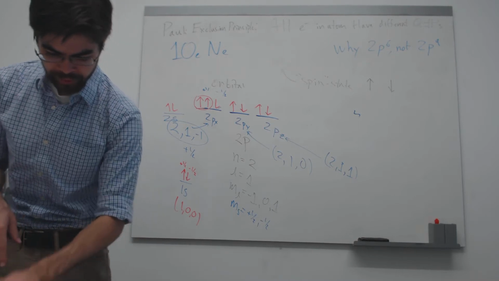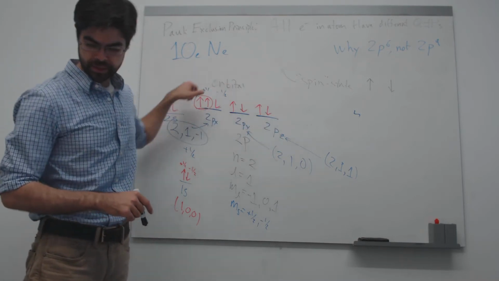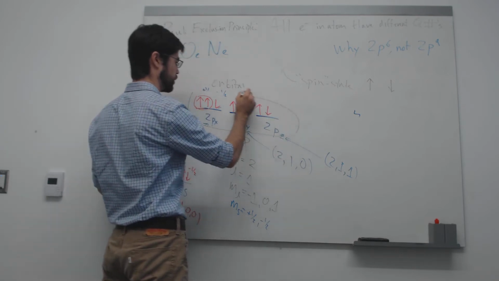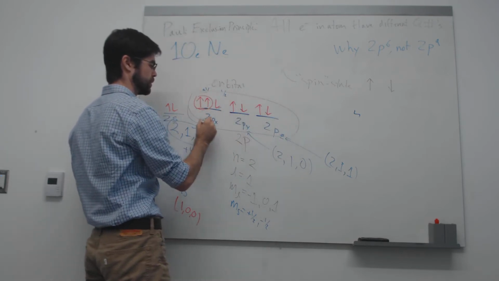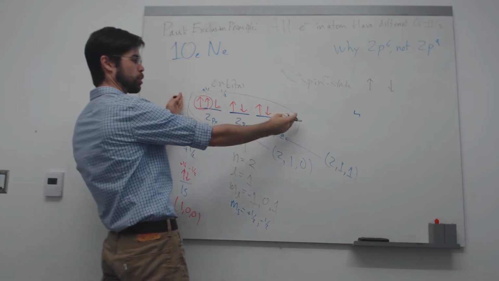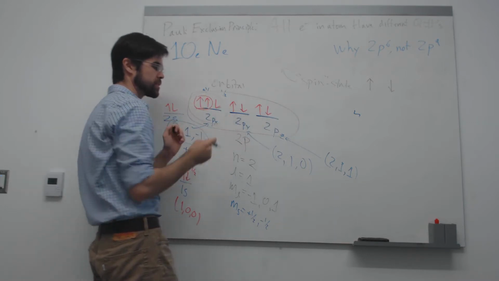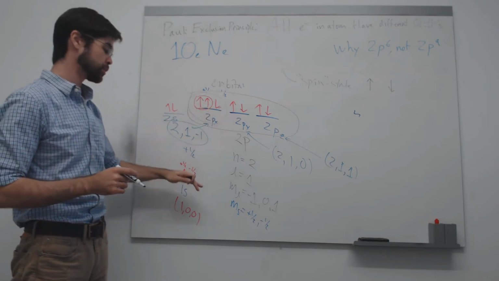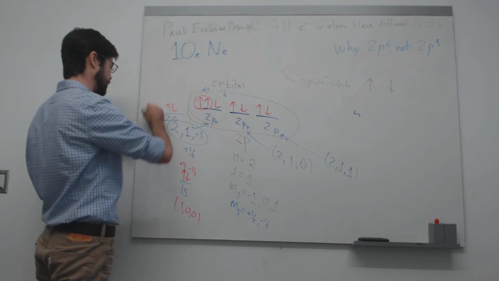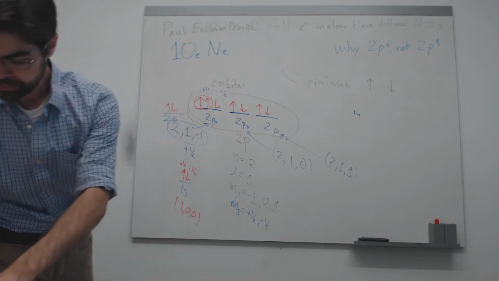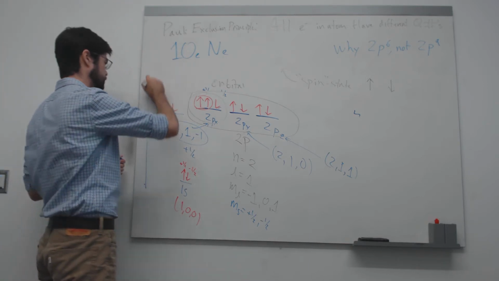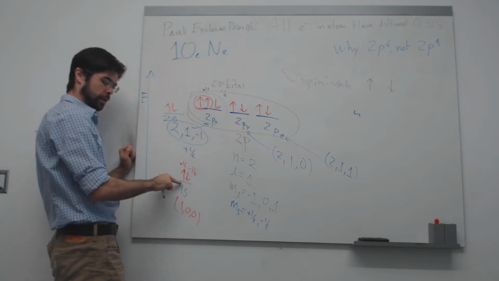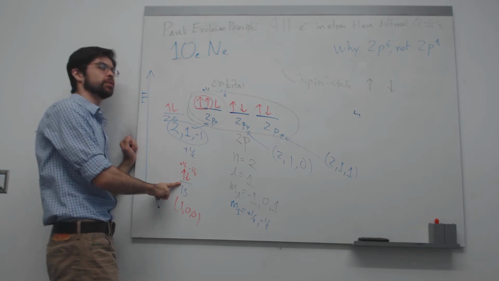Next question, orbitals. Is this an orbital? Or is this an orbital? Is the orbital all 3 of these, or is it just one of these? An orbital is referring to basically one of these horizontal lines. When I draw out my little energy level diagram, I use a horizontal line to represent the energy of a single orbital.